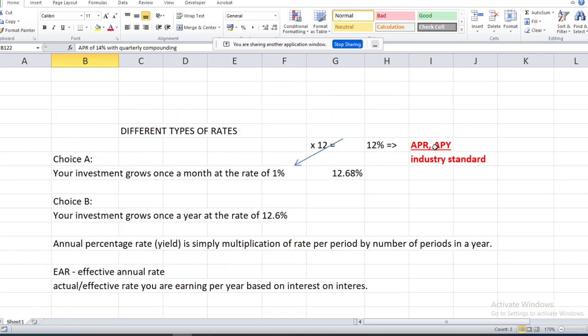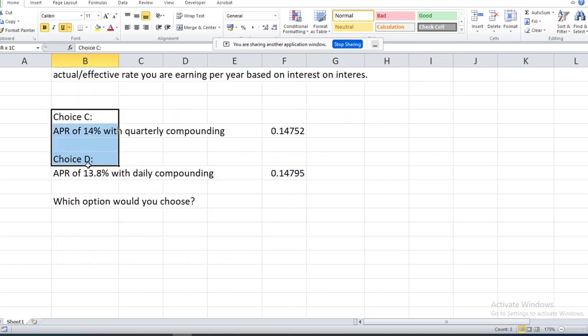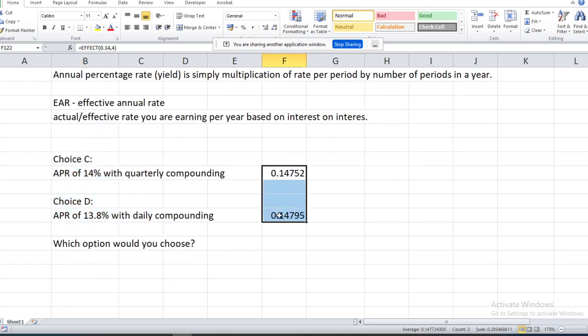Because remember, industry standard in any kind of advertisements is APR, right? But if you look at the actual effective rate, because choice D gives you more chance of interest on interest, it's going to give you more effective annual rate of 14.795% rather than 14.75%.